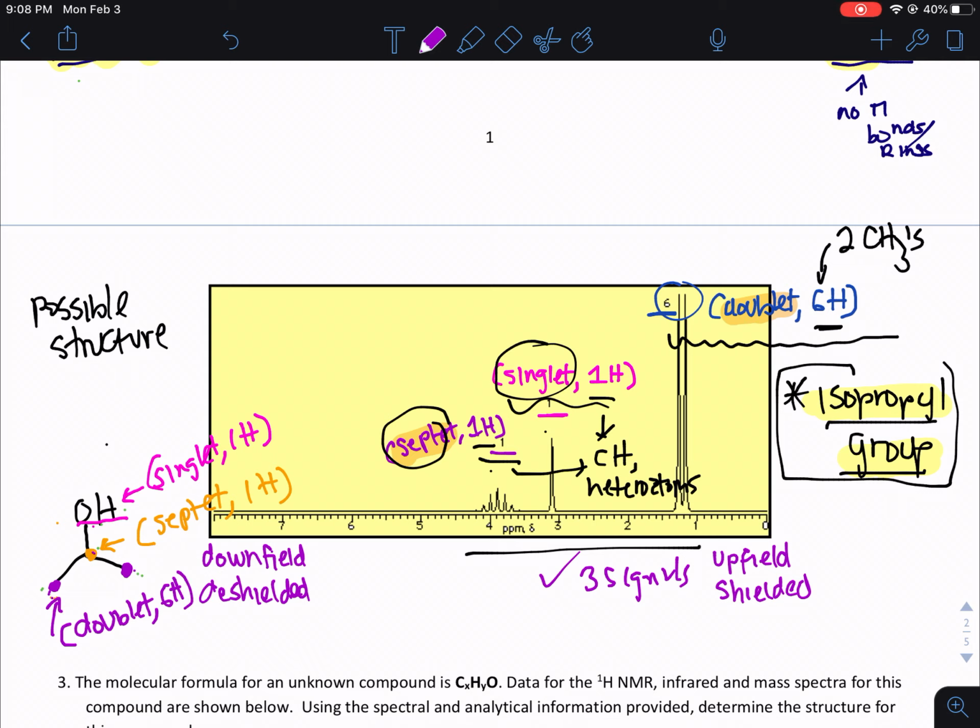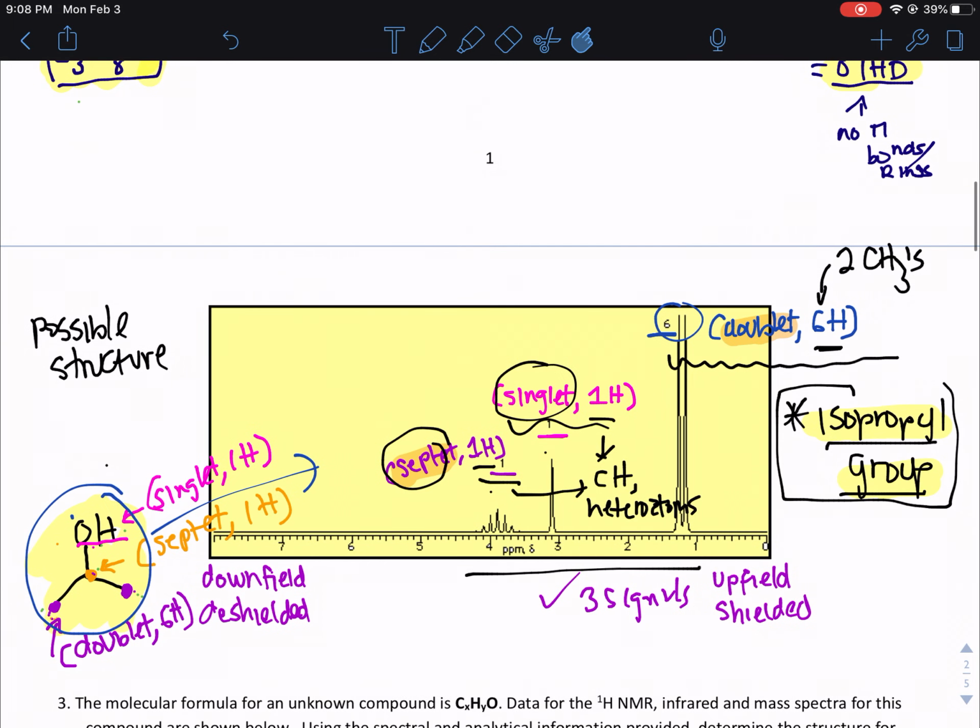So if you compare this information to the information that the NMR gives us, you will see that this compound does in fact follow the NMR, and also follows our IR, because we have an OH group. And yeah, so this is actually our compound that we're looking for.